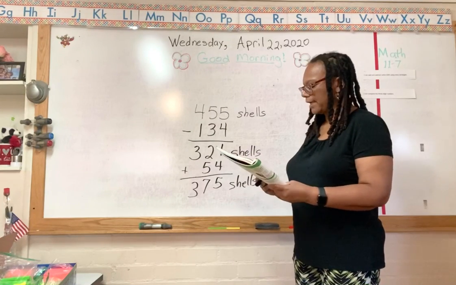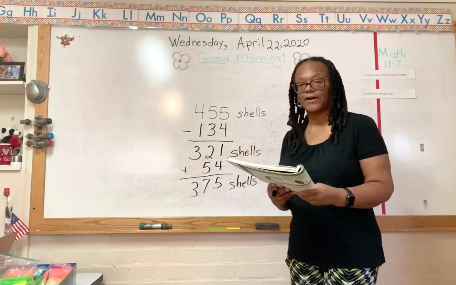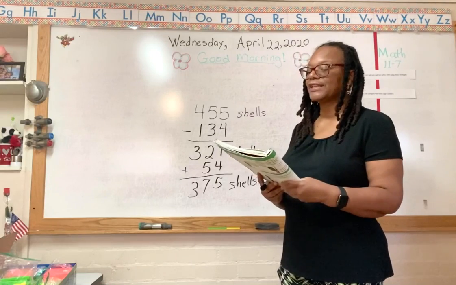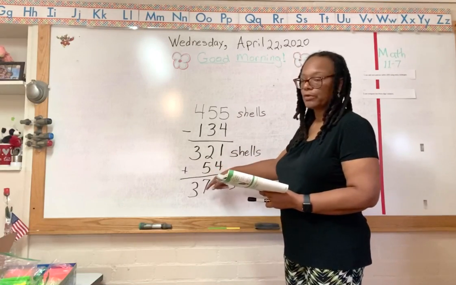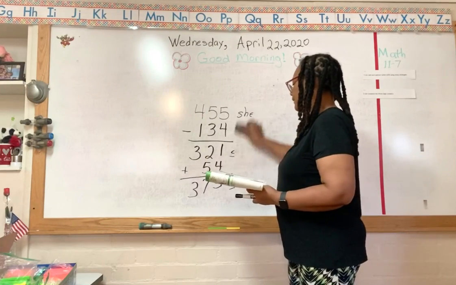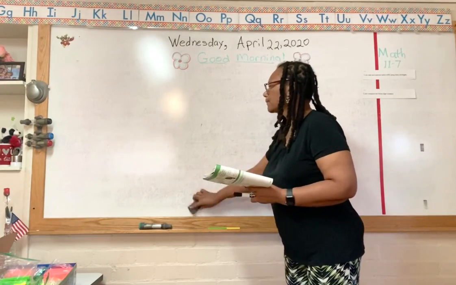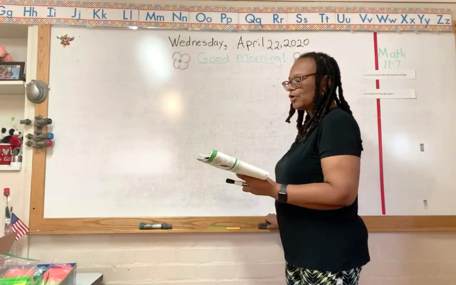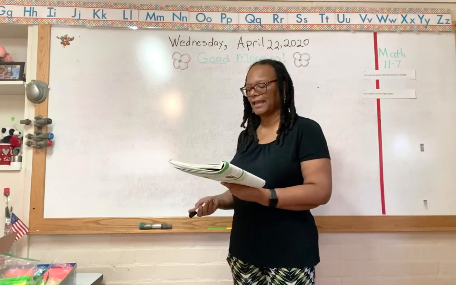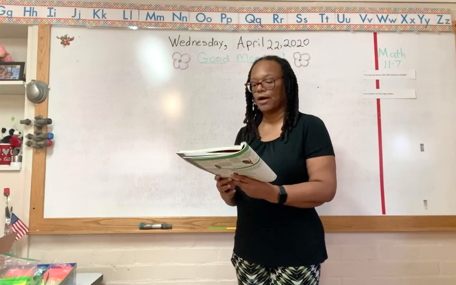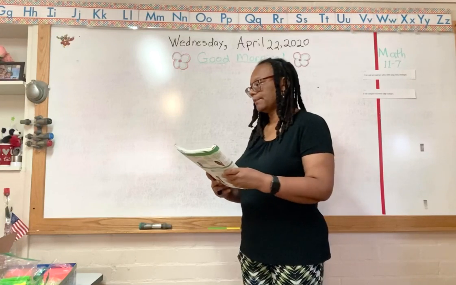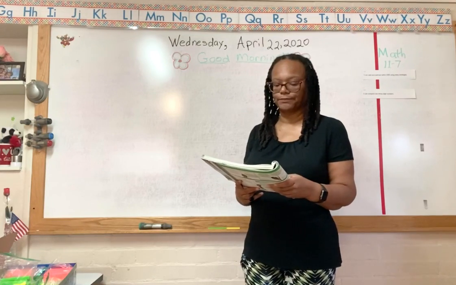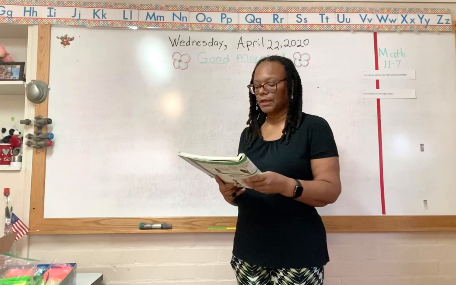On the next page, 675, it says use the table to solve this problem. Is it okay for me to erase this now? I'm going to help you get started on this table. It's talking about wild animals, just like in our reading book, our super magazine.